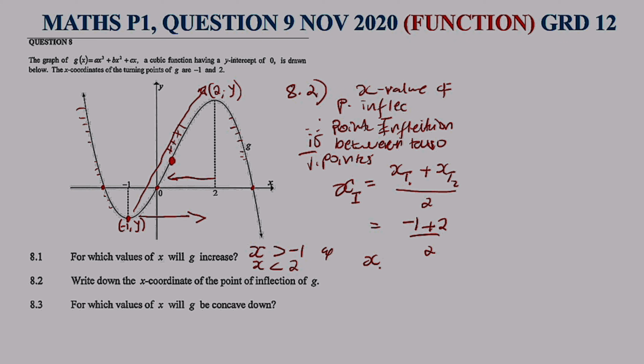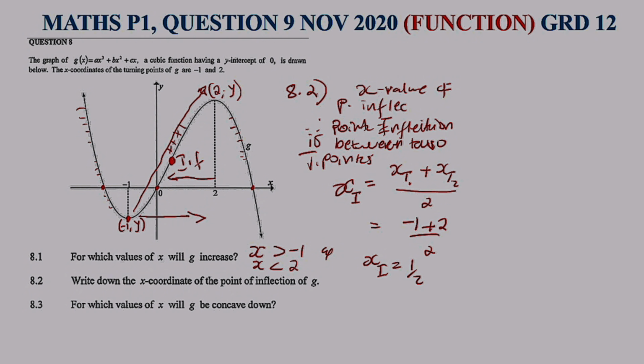Therefore, this point of inflection will be given by half. And that's how you would deal with this one, guys. Please always, if you're given a cubic function, and they require you to find the point of inflection when they've given you only turning points, you just have to add the two of them and then divide by 2, because the point of inflection is somewhere in between here.